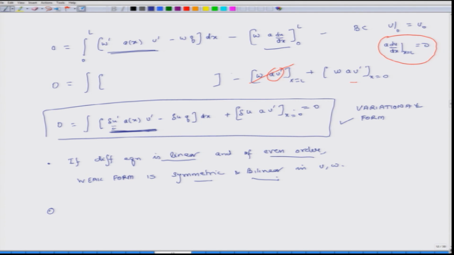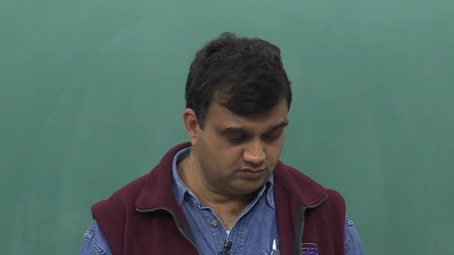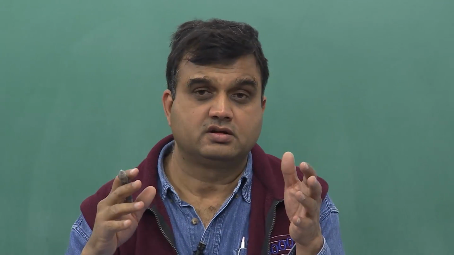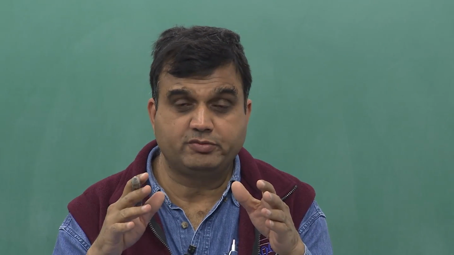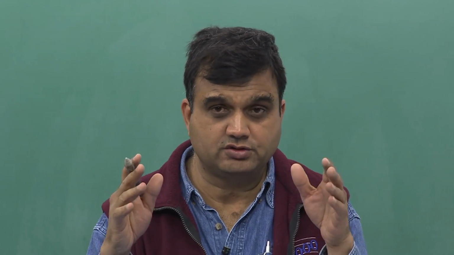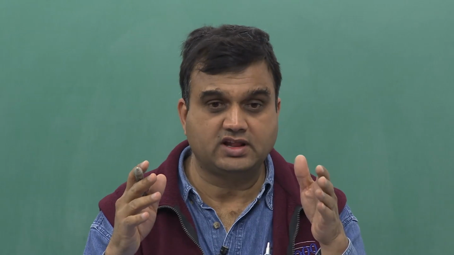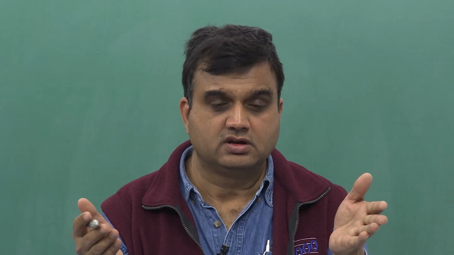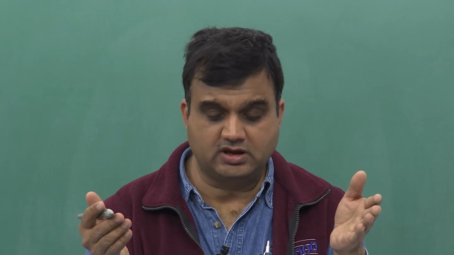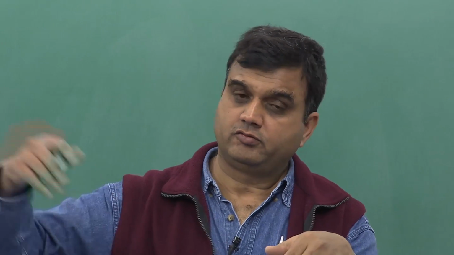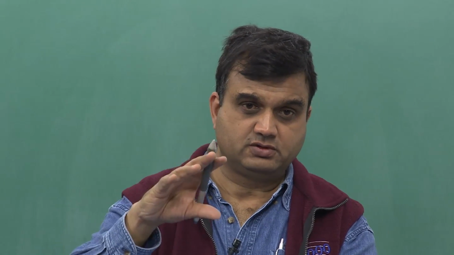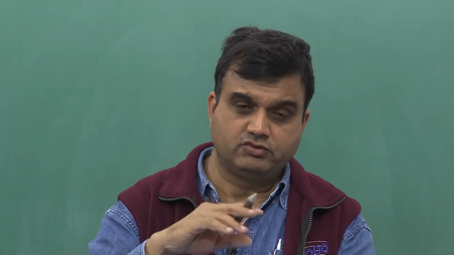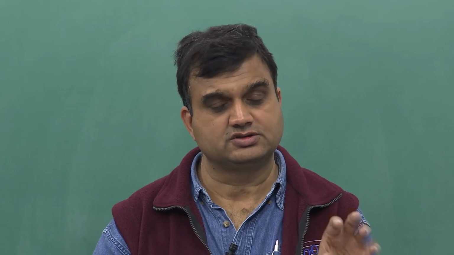The next point is that because W represents variation in U, its nature should be similar to that of U. It should belong to the same space as U. What that means is that when we are choosing options for picking W's, we can use the same functions that we chose to represent U's.